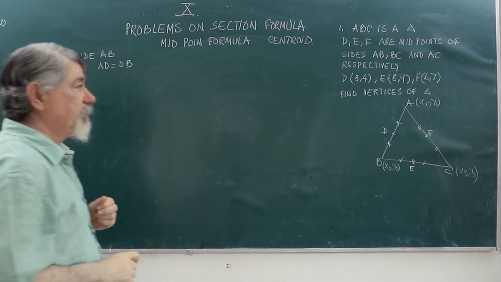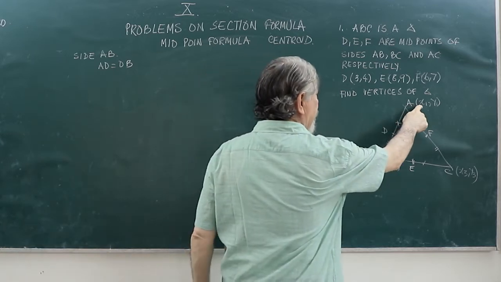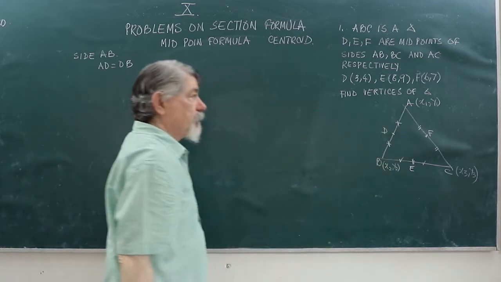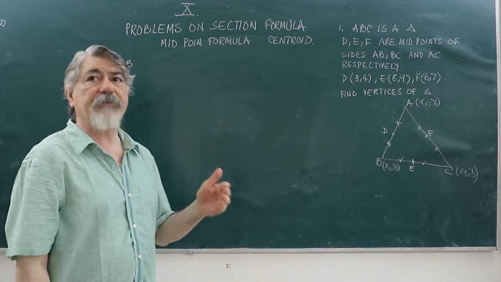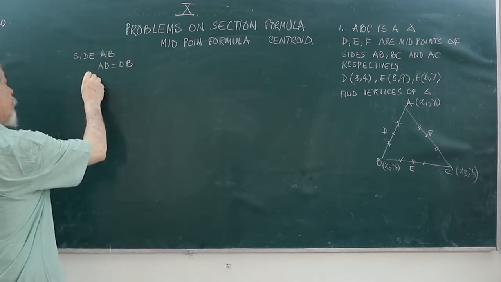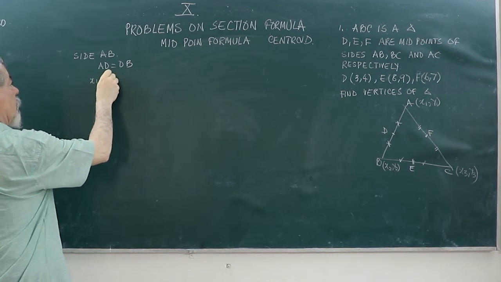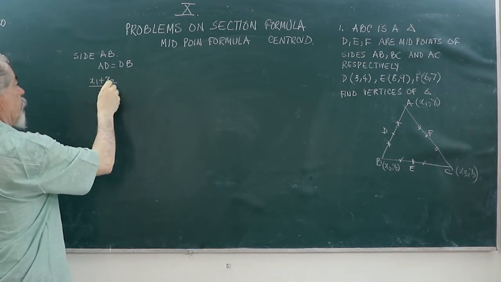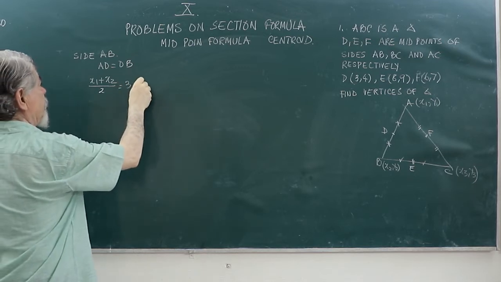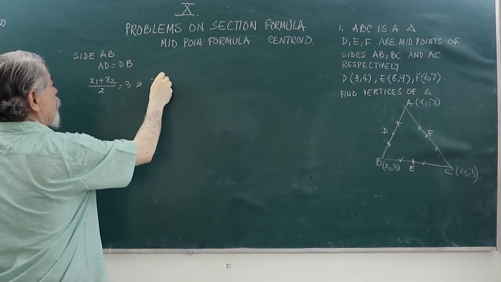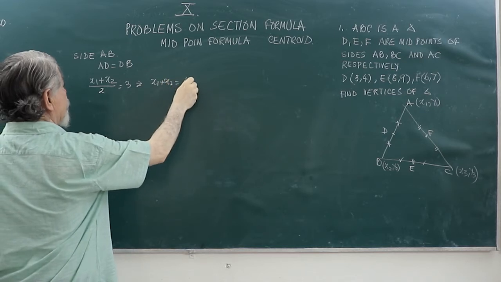How do I calculate the midpoint of AB? I add up the x coordinates of A and B and divide by 2, and I add up the y coordinates of A and B and divide by 2. Like (x1 plus x2) upon 2. And what is the midpoint given? What are the coordinates of D? So x1 plus x2 will be equal to 6.